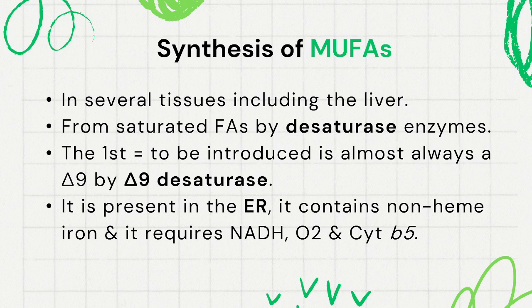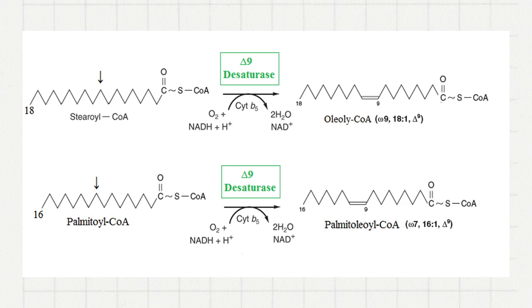This desaturase enzyme is present in the endoplasmic reticulum. It contains non-heme iron as a coenzyme. It requires NADH and molecular oxygen. It also needs cytochrome b5 as a mediator for electron transfer. This cytochrome b5 can be free or it can be part of the desaturase itself.